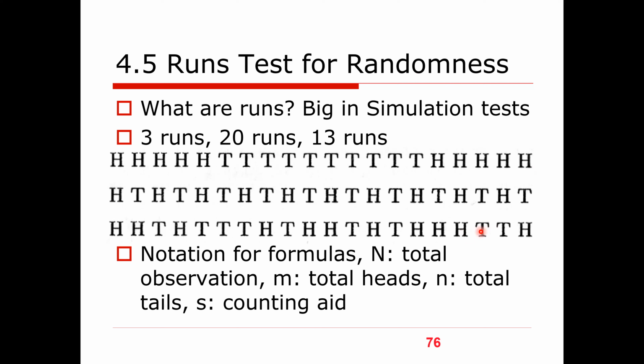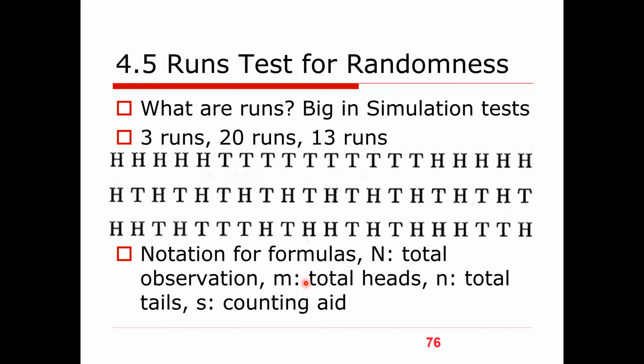So the runs test is a way to test the randomness of a sample by testing the number of runs of that sample, how often it alternates, actually. And there are 4 key parameters in the runs test. The capital N is the total observations or the sample size.